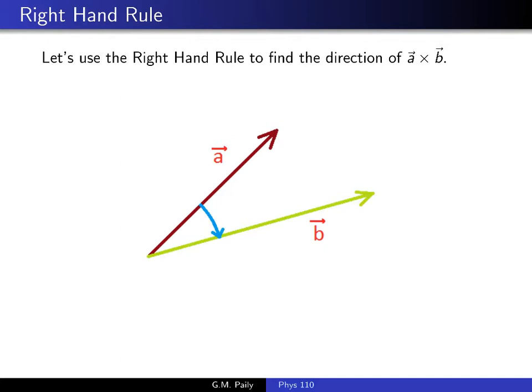And so we see that the direction of A cross B, in this case, is into the screen, denoted by a circle with an X in it.